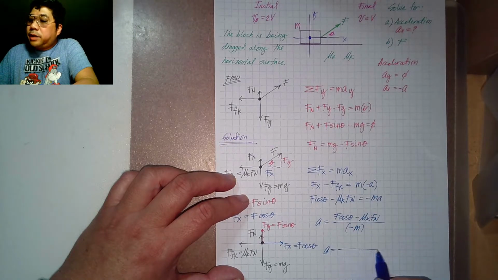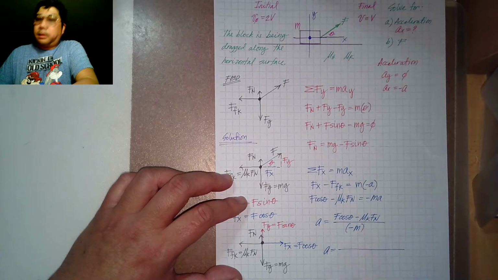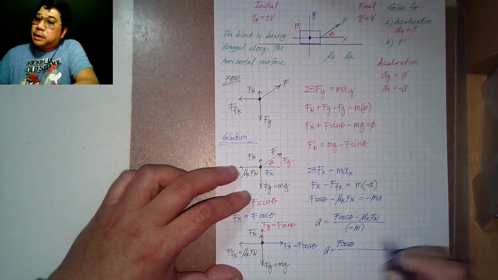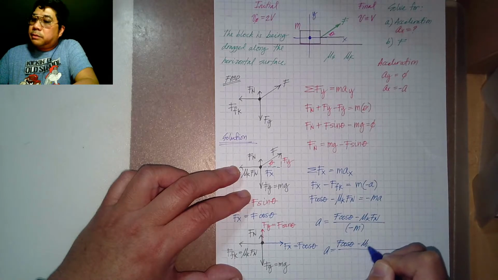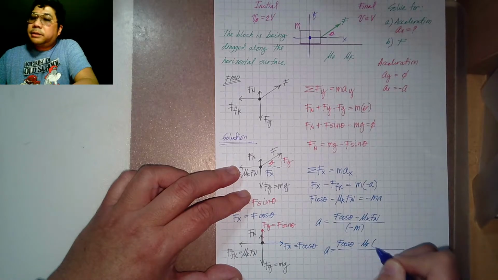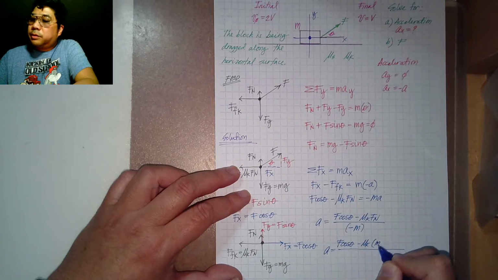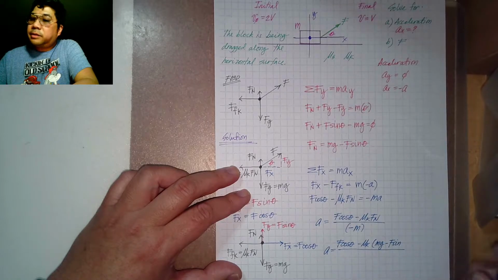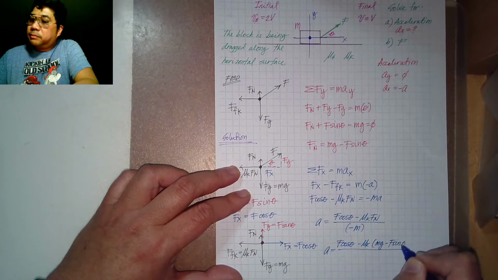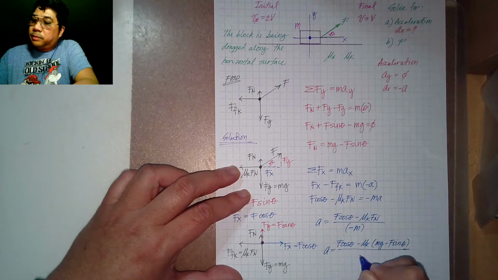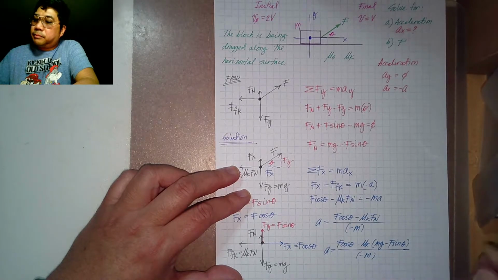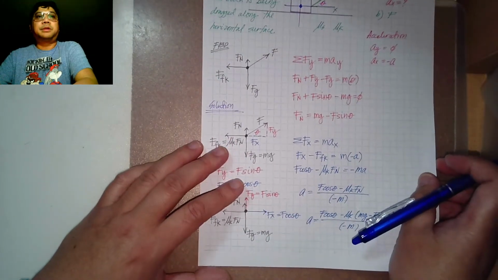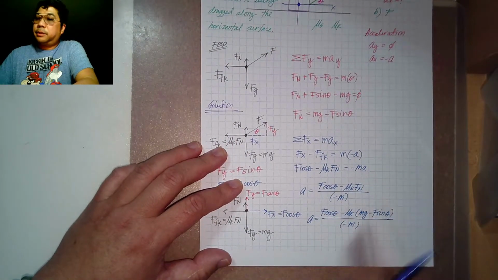So why don't we plug in the value of Fn? This will give us F cosine theta minus mu k times mg minus F sine theta, divided by negative m. What I'm going to do next is distribute mu sub k.